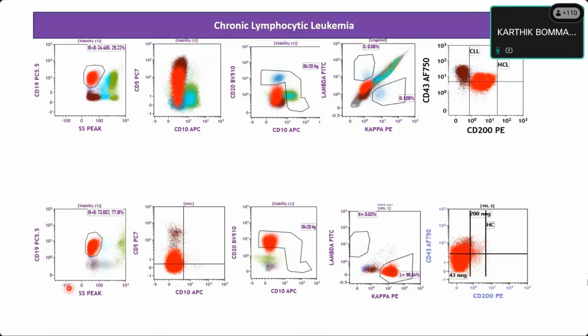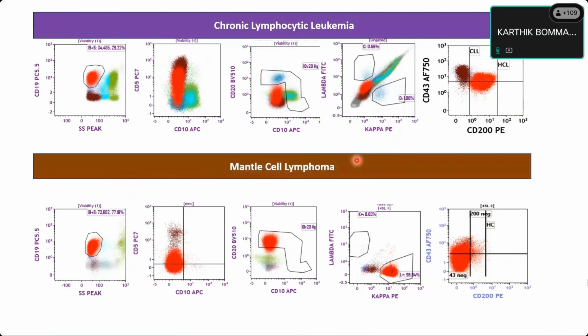Right. Okay. So two things: CD5 positive malignancies. How do you differentiate CLL and mantle? Just give me one marker. CD200. CD200 will be positive in your CLL and negative in your mantle cell lymphoma, right? So both are CD5 positive. This is the most common differential when you come across a flow in B cell malignancy.